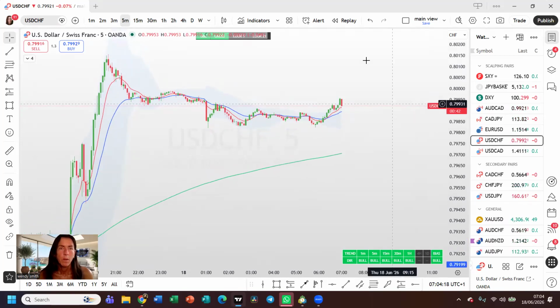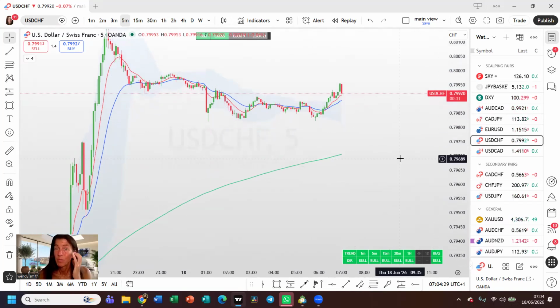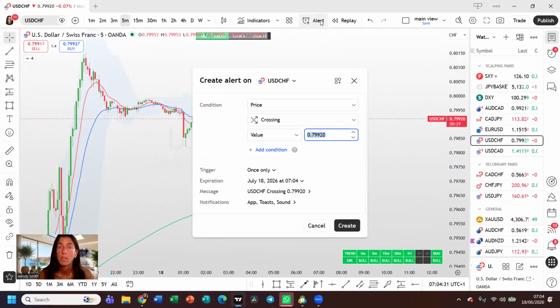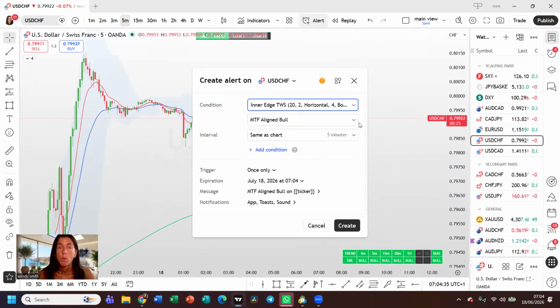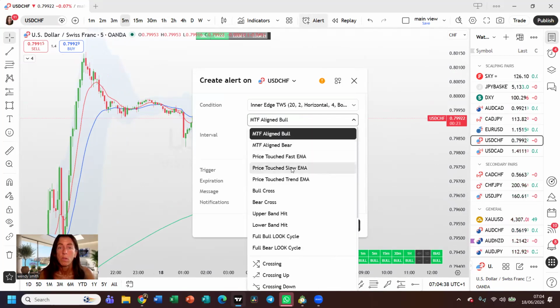This one is going up. There's a target up here. It's had a breach, it's had a cross. It has just cleared all this, but it looks like it's going to tuck back in. So I'm just going to set a retest alert on this one for the slow EMA.